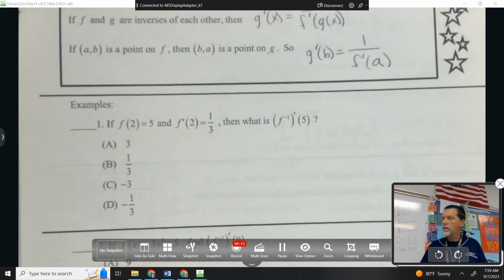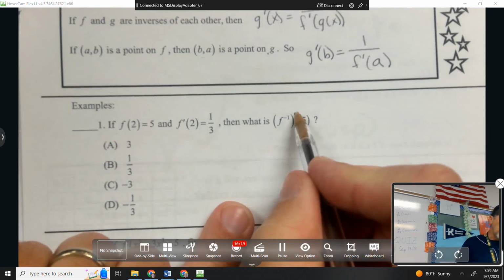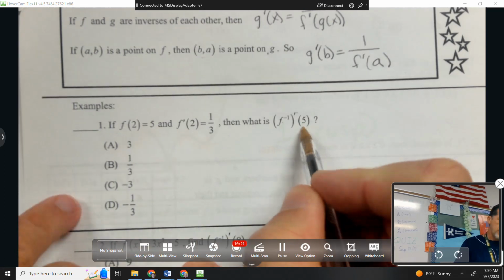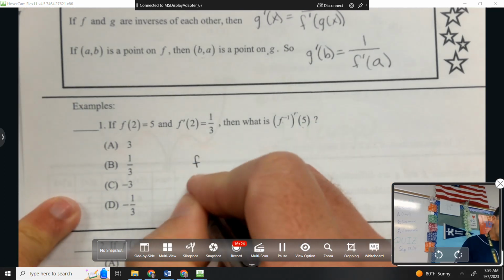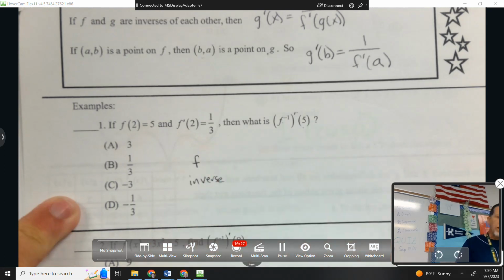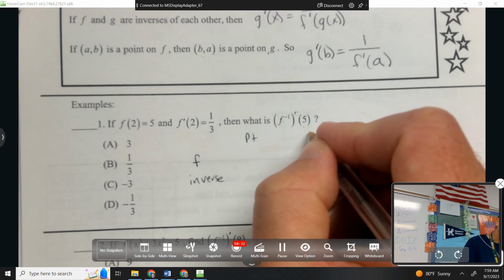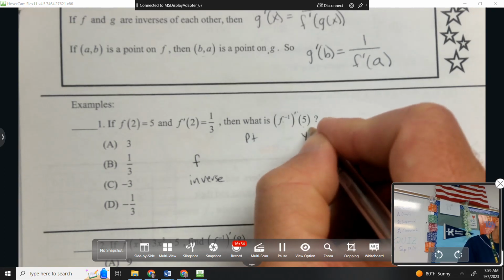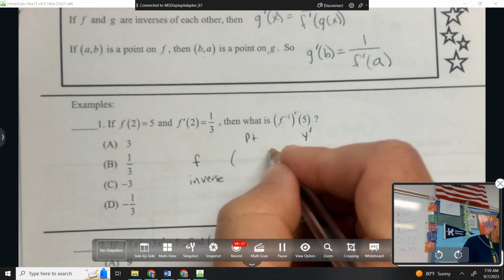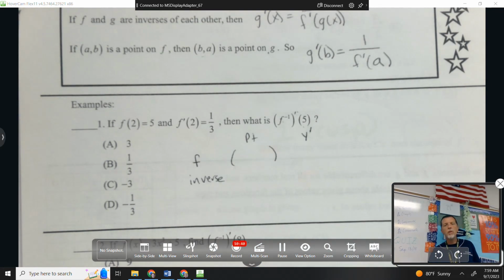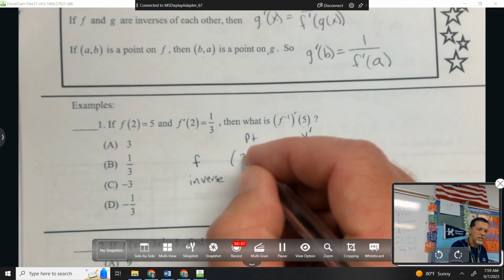Some examples. If f of 2 equals 5, f prime of 2 equals 1/3, then what is the derivative of the inverse at 5? Whoa, that's a lot. So let's make our table. It's not called g, it's called the inverse, so I'll just write inverse. There's a point, and there's a y prime. So what point are we dealing with on f? (2, 5), right?